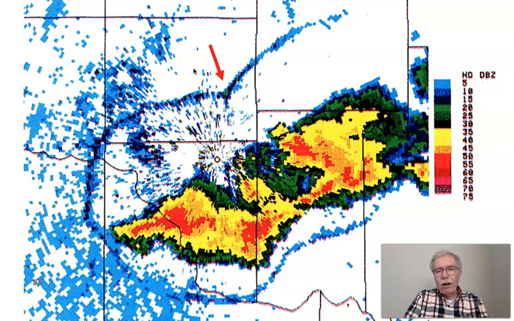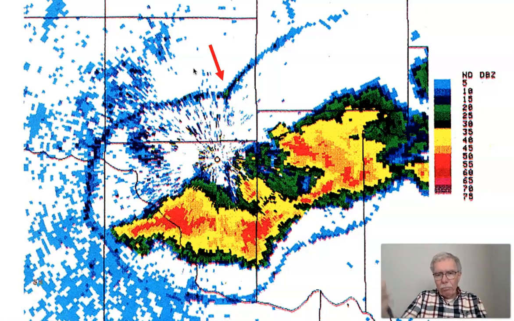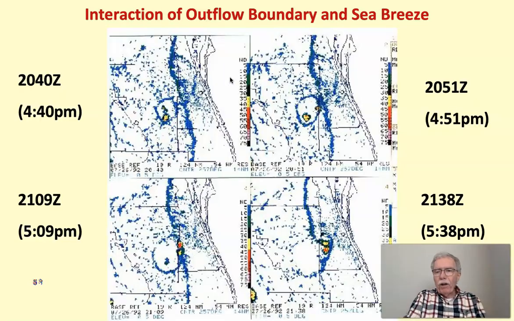Because the two outflow boundaries are combining and forcing air to rise, and that produces a separate updraft and a new thunderstorm cell. We can follow this process over a period of about an hour.